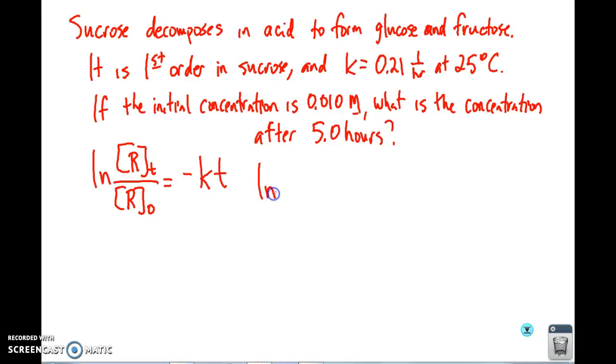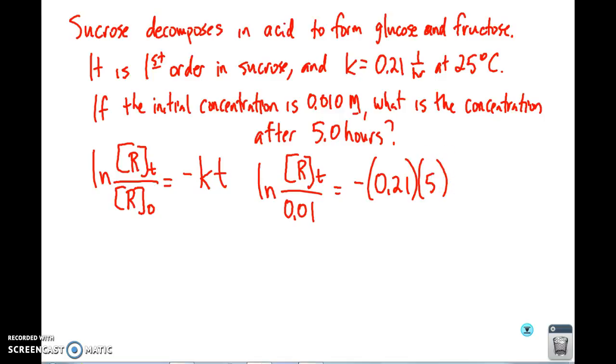So we're going to take the natural log of the unknown, that's R at time t, that we want to know, what the concentration is going to be after 5 hours. The initial concentration was 0.01 molar. That is equal to negative, the value of K was 0.21. And since in this case our t is going to be in hours, we just put 5 for 5 hours.